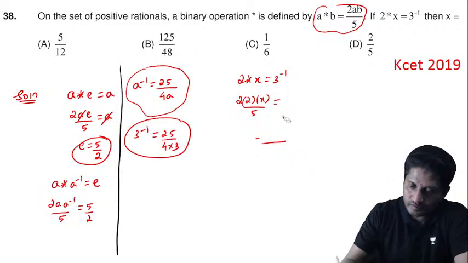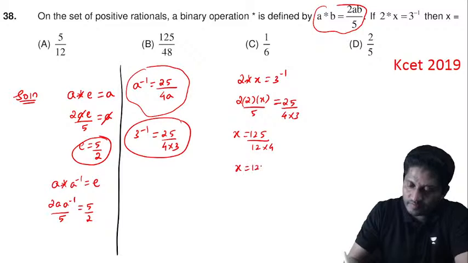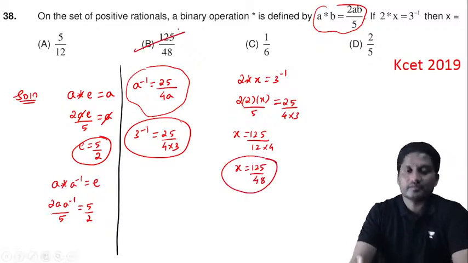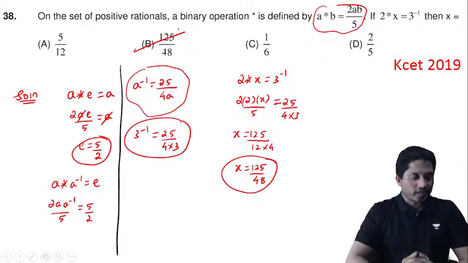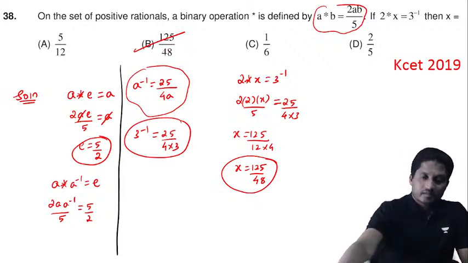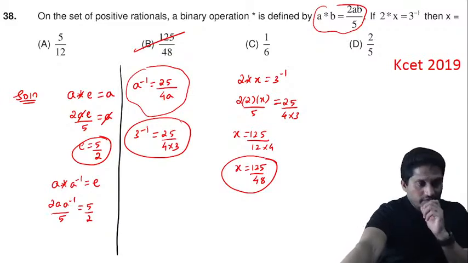Okay, now if I substitute here, 3 inverse is equal to 25 divided by 4 into 3. X is equal to 125 divided by 12 into 4. So x is equal to 125 divided by 48, which is answer option B. Alright, it's a question on binary operations, guys. Alright, let's move to the next question.